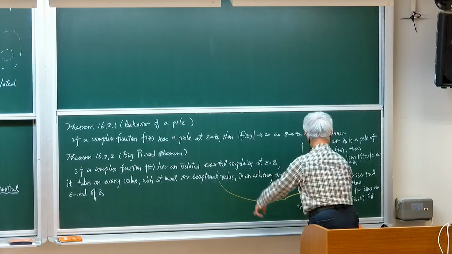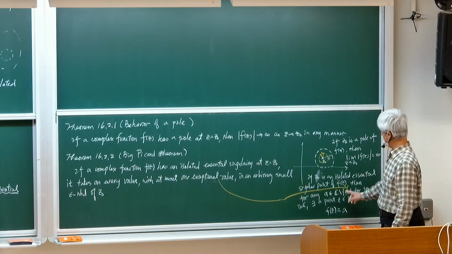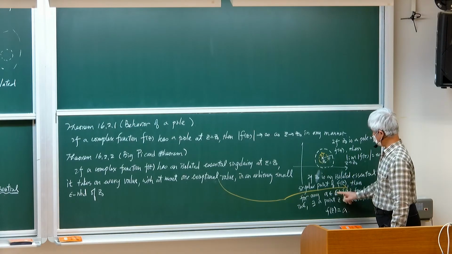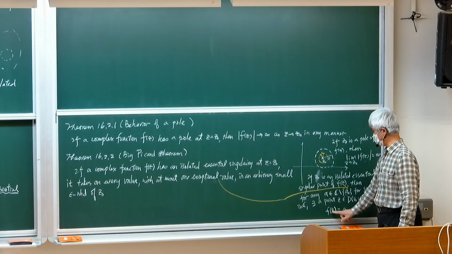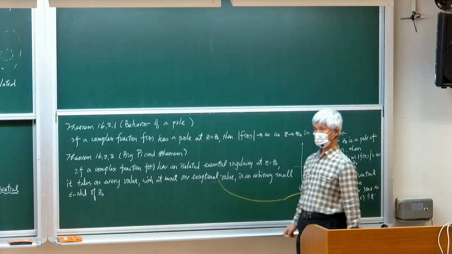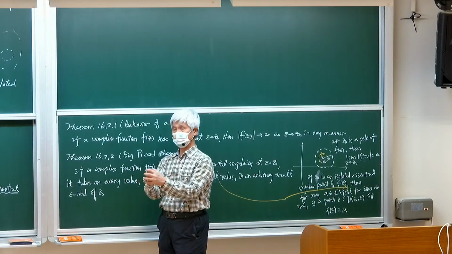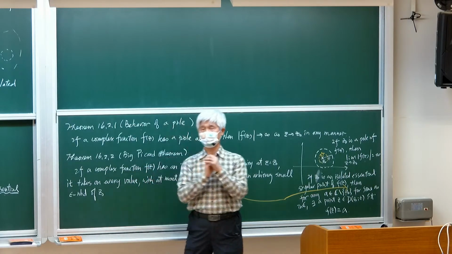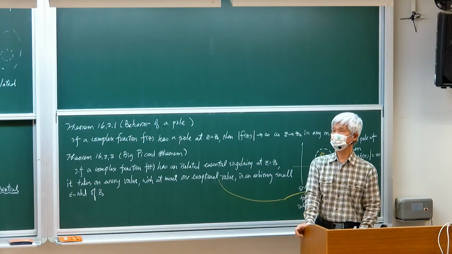The same value A0 here. And except that, any complex number can be the function value of a point z in the neighborhood, even if the neighborhood is very, very small. Any questions?